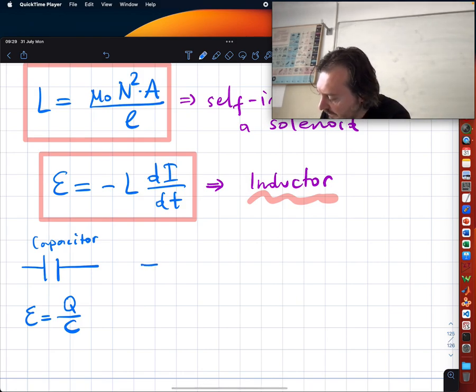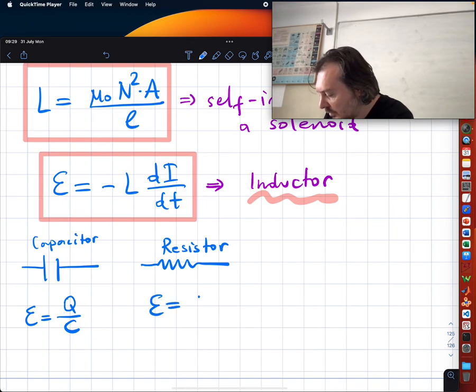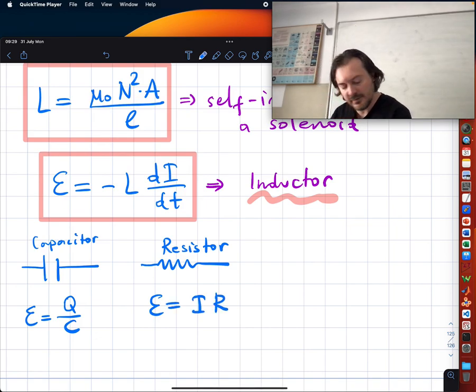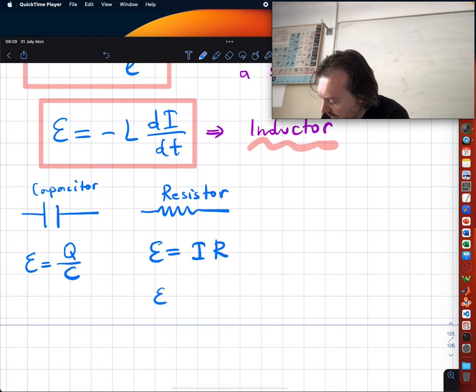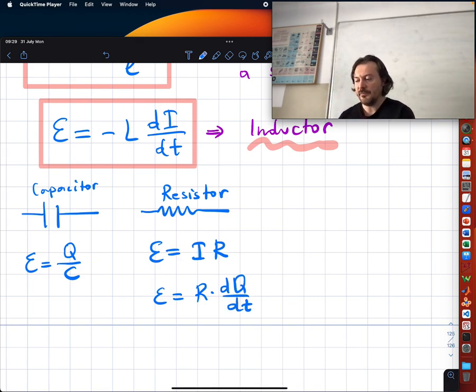We had a resistor, and for the resistor, ohmic resistors at least, it was I times R, which tells you that it's R times dq over dt. Do you see? EMF depends on the first order derivative of the charge, right?